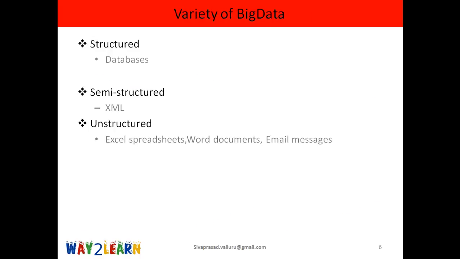When I say variety, your data can be structured data like the data in databases, that means tables, which have structure, as well as semi-structured data like XML, or it can be unstructured data. So whenever you are terming your data as big data, it can be of any format: structured, semi-structured or unstructured.